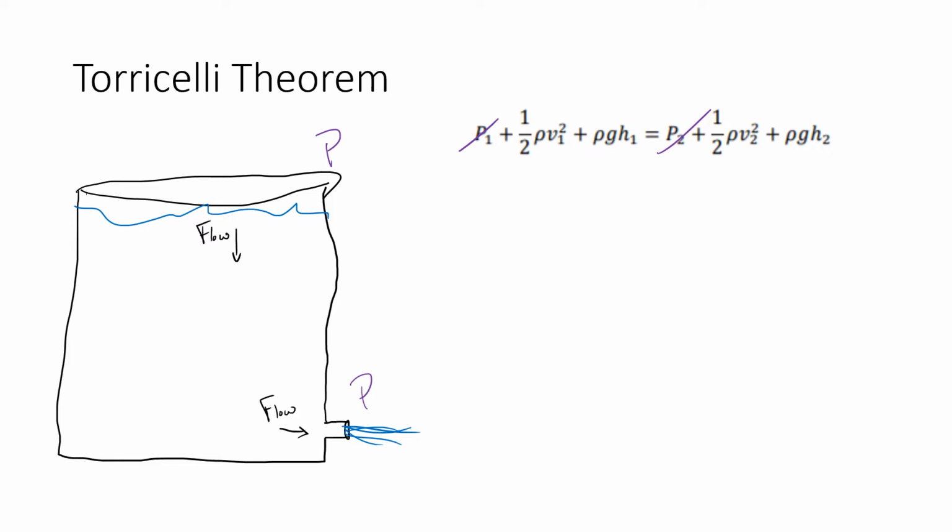But we know that area times velocity is going to equal area times velocity. Now, this area here is going to be way, way bigger than this area here, which means that this velocity, since the area is huge relatively speaking, is going to be basically zero, okay?